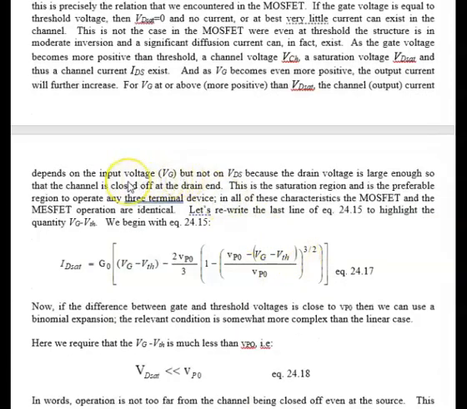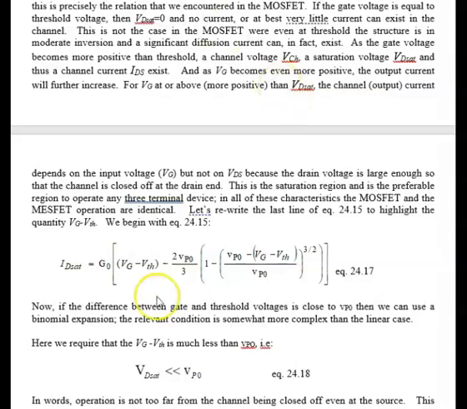Above VD-SAT, the current does not depend on VDS. We have saturation, and we have a preferable or desirable area of performance, the saturation region, in which the current only depends on the gate voltage, and that is a really, really good thing.